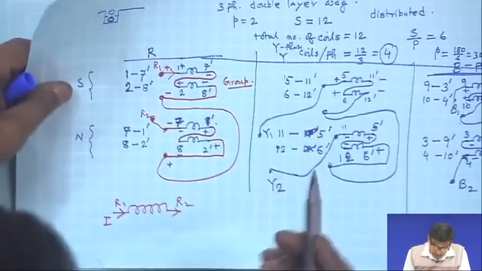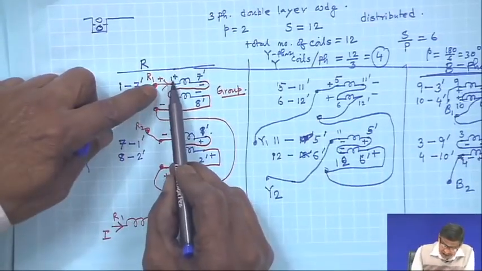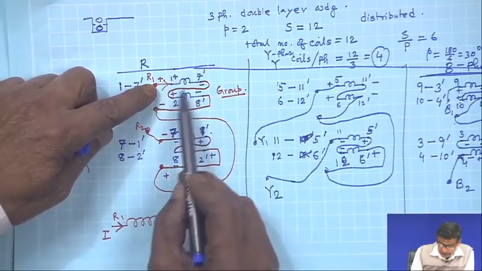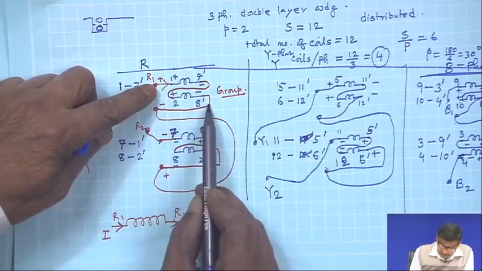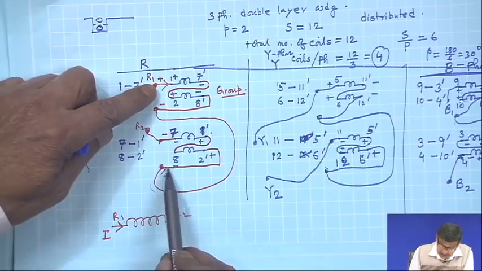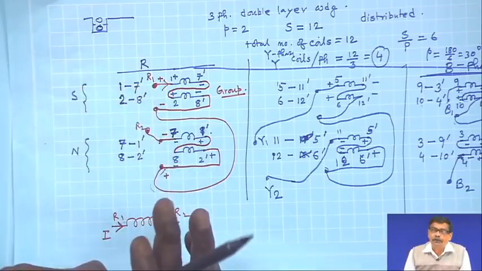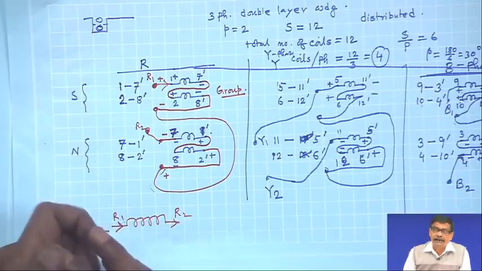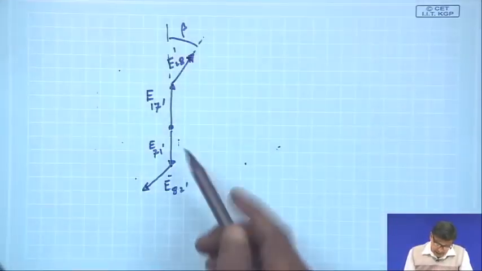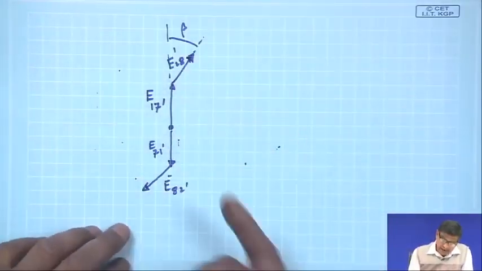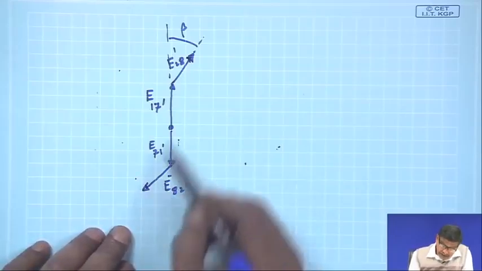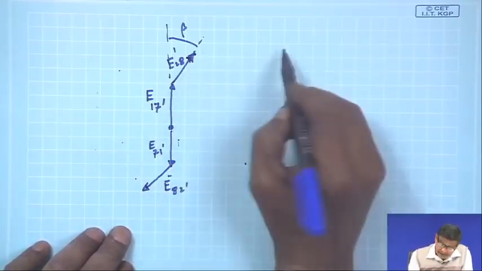Now, if somebody by mistake just adds without bothering about the plus and minus, instead of taking it negative here, and goes on adding like this, what will be the net voltage? It will be 0 in that case. That is, if these 4 voltages are added, you can easily see, like this.